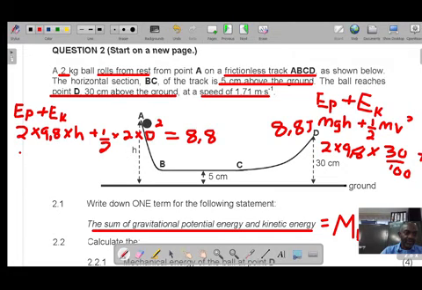So I have 19,6 times my height H equals to this 8,8. So I divide both sides by 19,6 to get my height H. Okay. Let's check with our calculator.